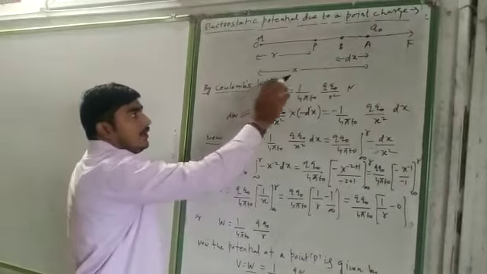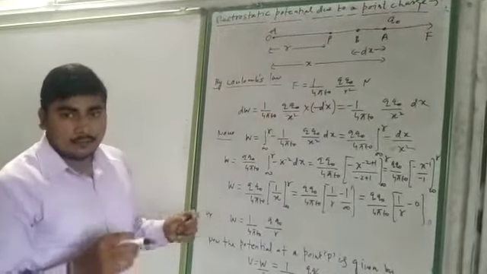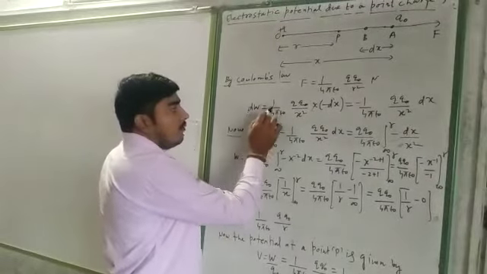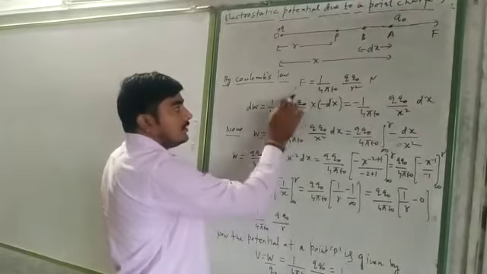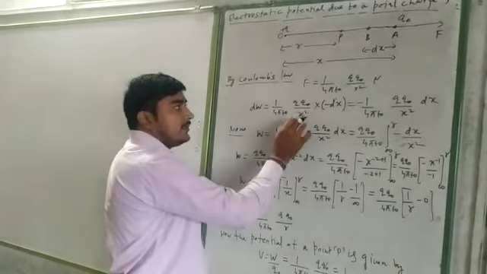Now the work done in taking the test charge from A to B can be obtained. Work done is equal to force into displacement. So dW is equal to force, which we can write as 1 by 4 pi epsilon naught Q Q naught by x square.